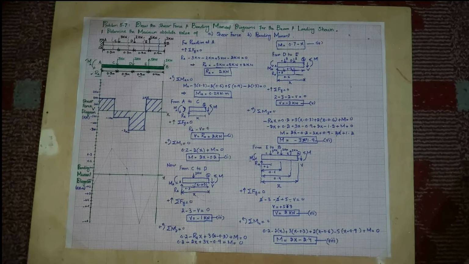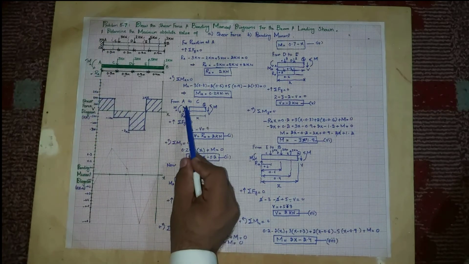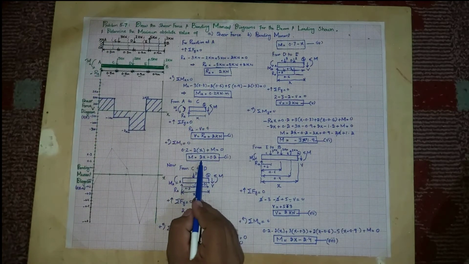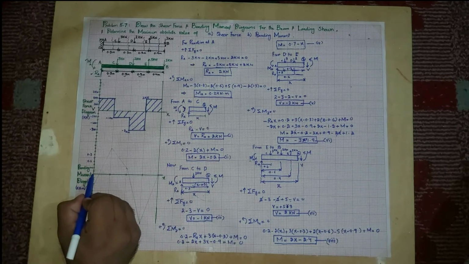Now we will move toward the bending moment equation. Let's start from A to C. From A to C this is the equation of bending moment. At x equal to 0, M will be equal to minus 0.2. Again, you have to take an appropriate scale.